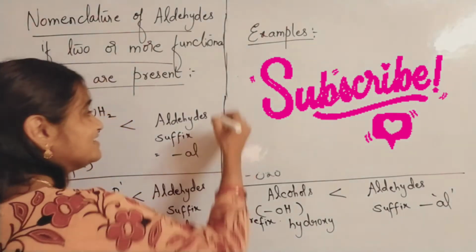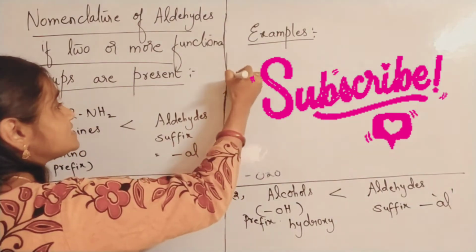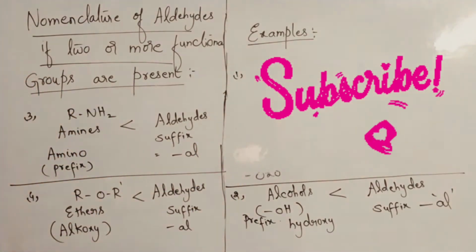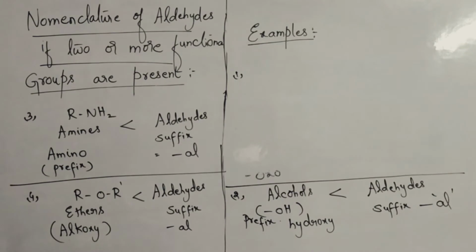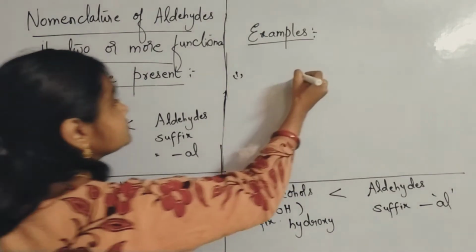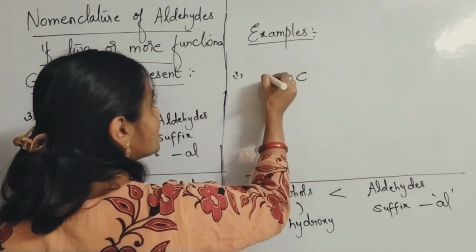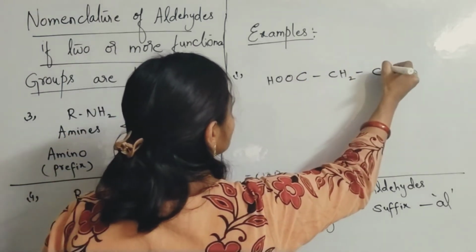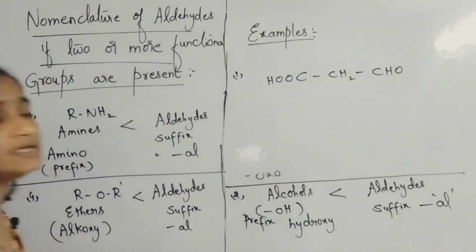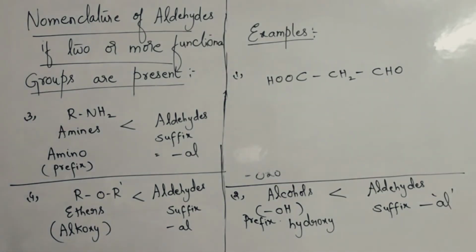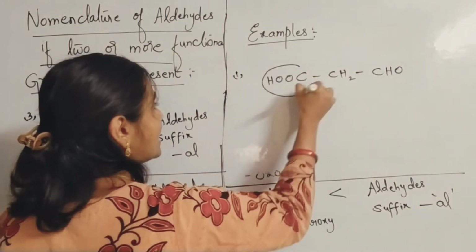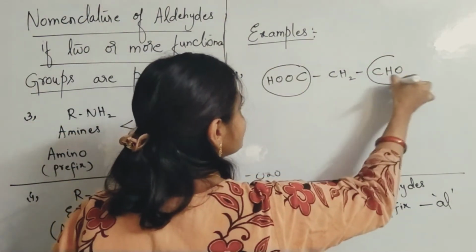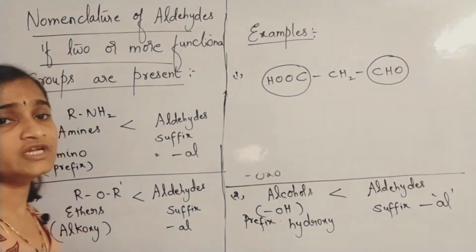Okay, right. So let us take the first example. Example 1. Here COOH is there, CH2, CHO. Here in this compound you are finding two functional groups. One is acid functional group and one is aldehyde functional group.